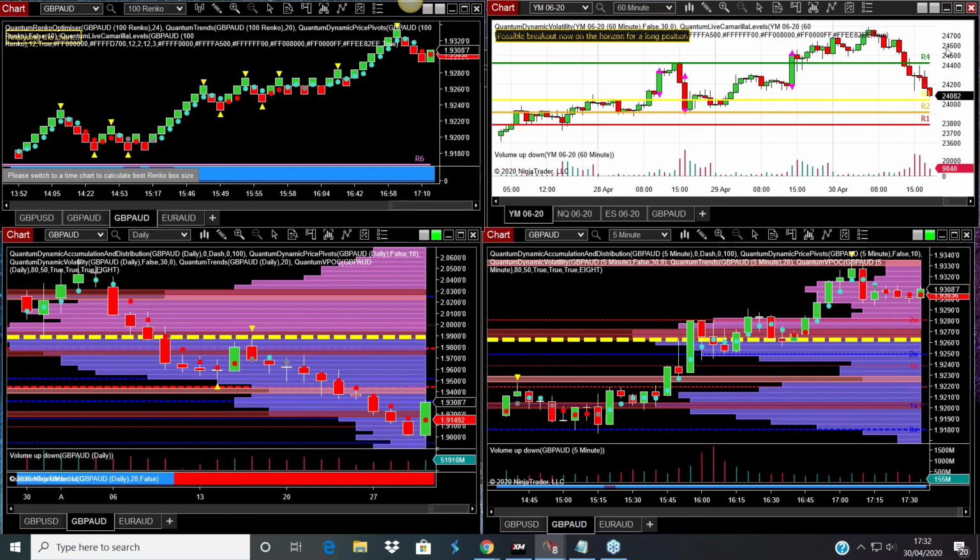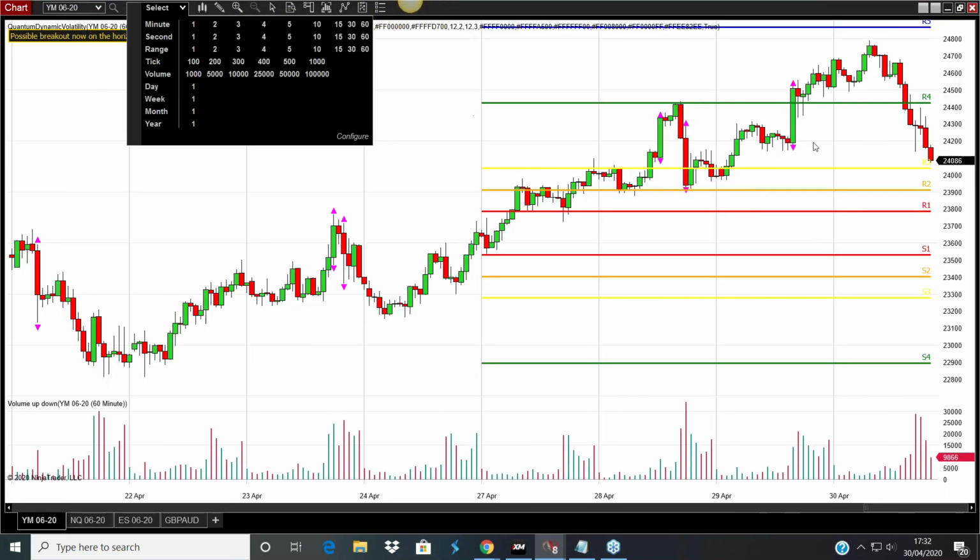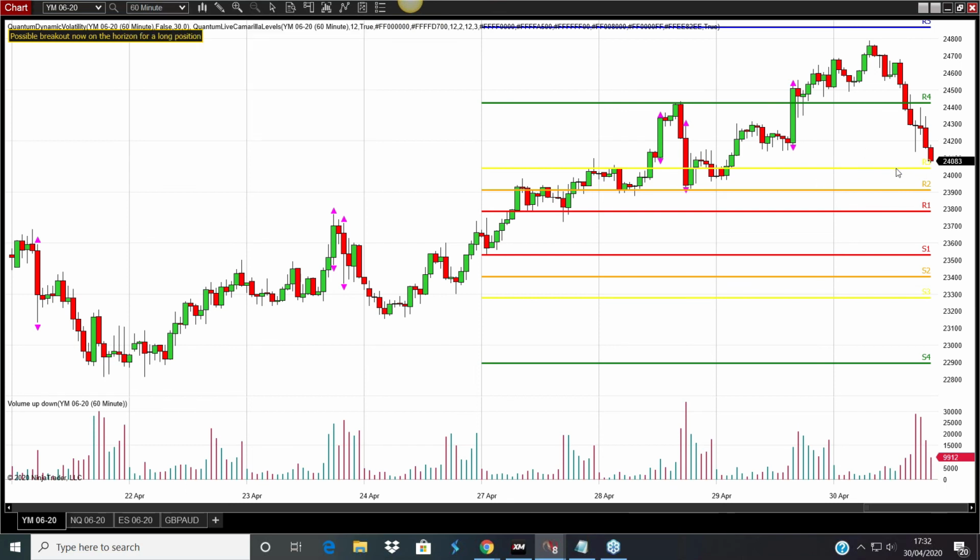Brilliant. Okay, so as I said, I just moved back to the 3 minute. What I'm looking at is I've actually got the R3, which is just another level. It doesn't have as strong a significance as the R4. The next really key level is the R1, and this area between the R1 and the S1 we call a buffer zone.